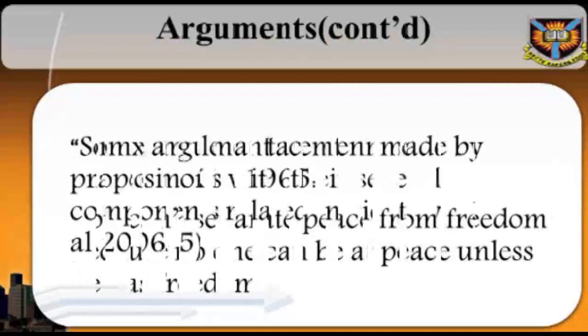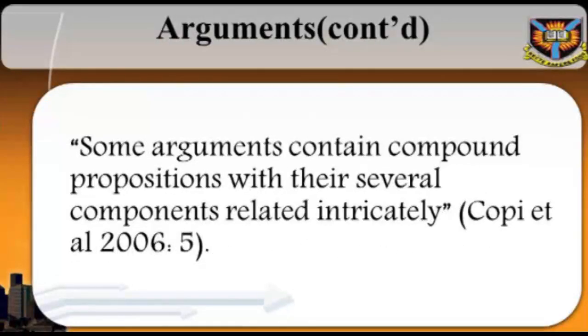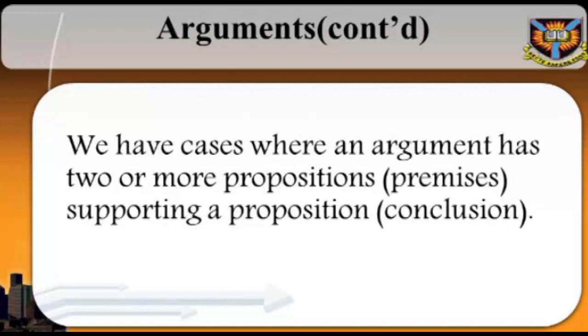In other words, some arguments contain compound propositions with their several components related intricately. Copi et al., 2006, page 5. This means that we have cases where an argument has two or more propositions or premises supporting a proposition that is the conclusion. We are warned, however, that some compound propositions may resemble arguments. To determine whether a group of propositions or statements is an argument or not.